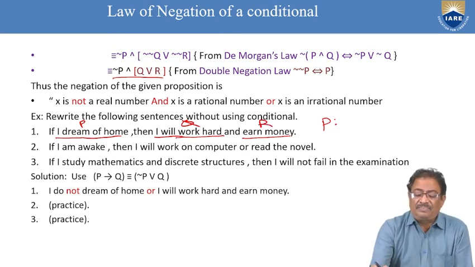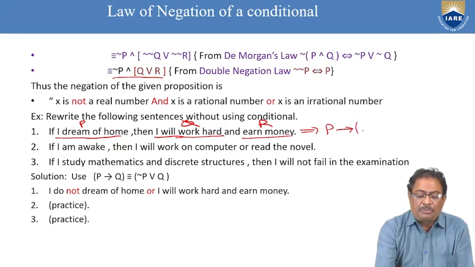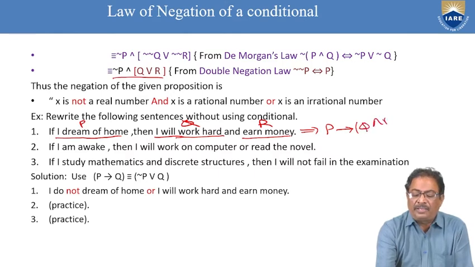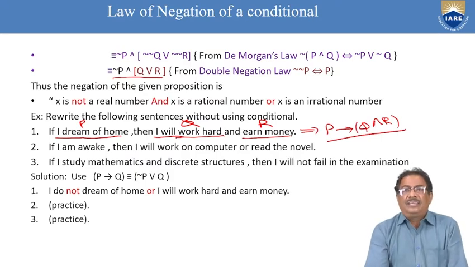Then the first one, based on these assumptions, will become if P, then Q and R, where Q is I will work hard and R is earn money. So this is the way we get it in symbolic form.